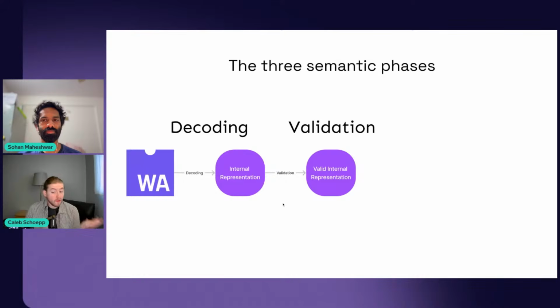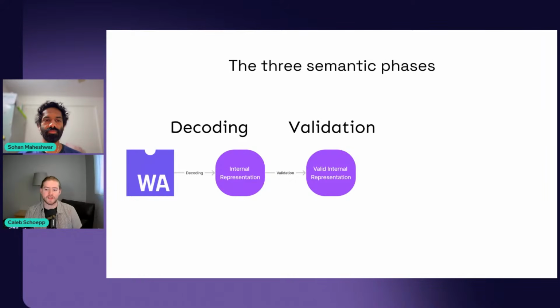Fun, cool fact. The way that WebAssembly has been designed, decoding and validation can actually be done in tandem, in parallel, which means WebAssembly is a really great fit for streaming use cases because you can immediately start validating as soon as the first byte comes in. You don't have to wait to stream in the whole 10 megabyte WebAssembly module and then start validating it.